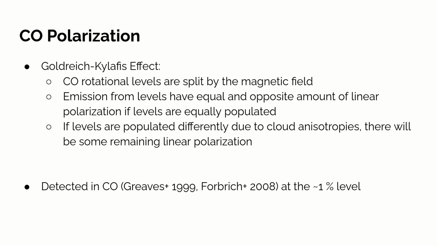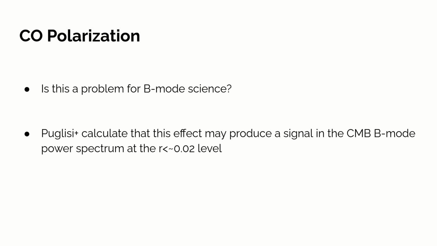But we don't expect these levels to be equally populated if there are cloud anisotropies, if the environment around some CO molecules is not similar to that of some nearby CO molecules, then there will be some remaining linear polarization. And this has been detected in a couple of cases in specific clouds at roughly the 1% level.